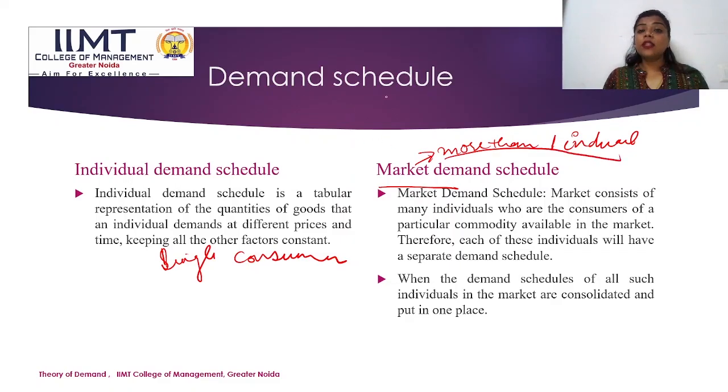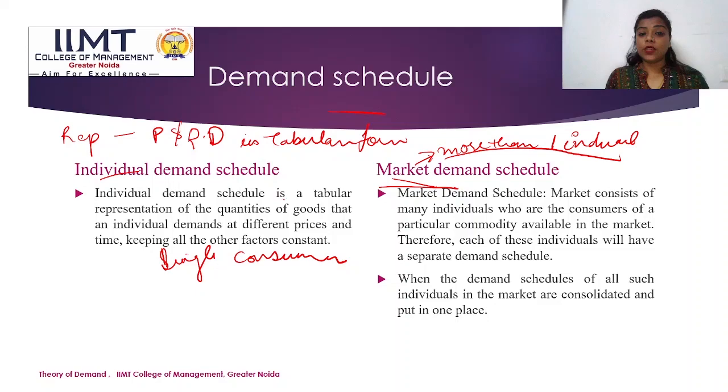So moving on to the demand schedule. Representing the price and quantity demanded in a tabular form will be our demand schedule. The demand schedule is basically of two types, that is individual demand schedule and market demand schedule. So what does the individual demand schedule say?